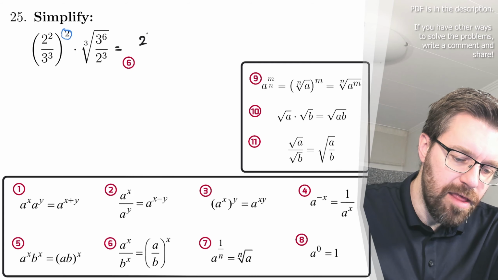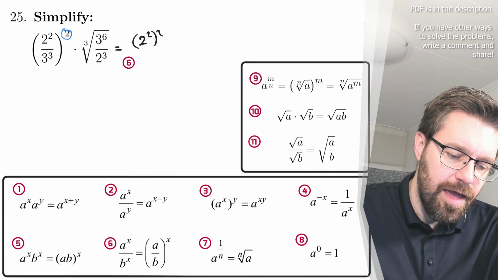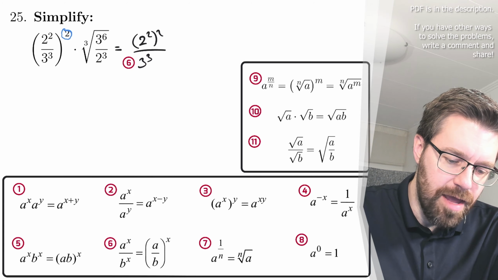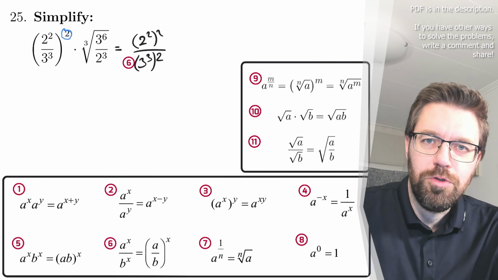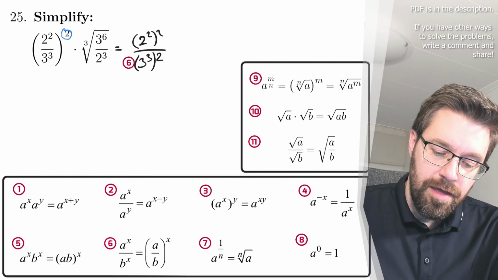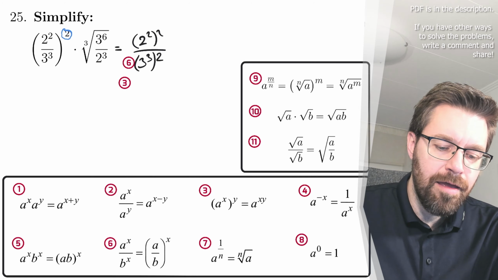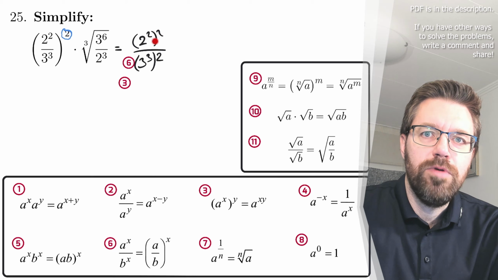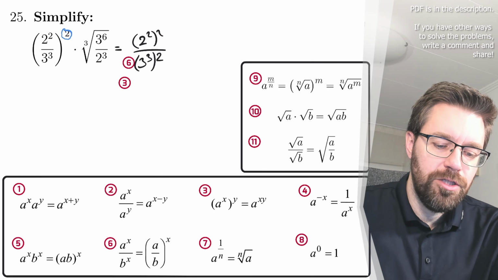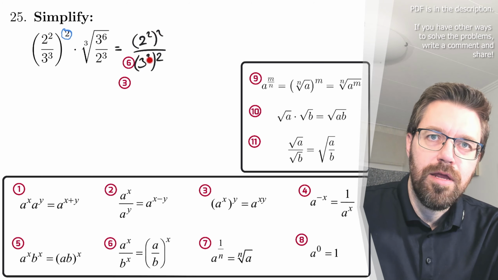We have 2 raised by 2 and then raised by 2, and 3 raised by 3 and then raised by 2. But I can use at once rule number 3 and multiply these exponents to each other. So this will be 2 raised by 4 and this will be 3 raised by 6.